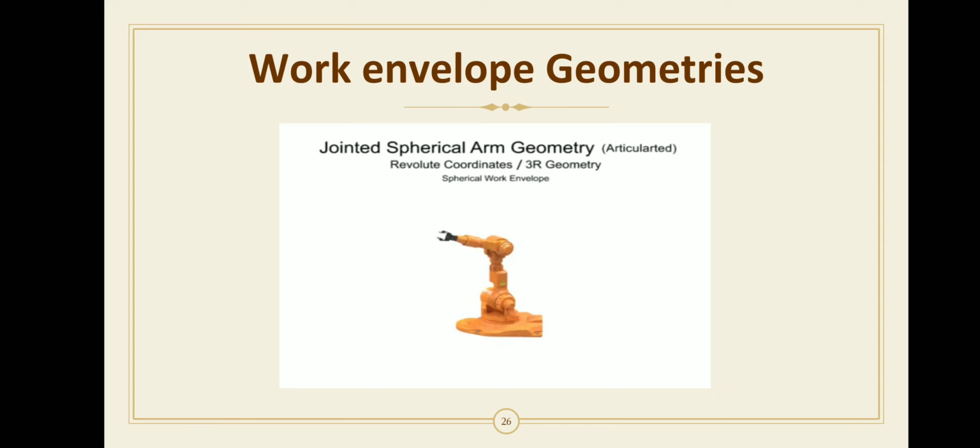So these are the three rotary motions involved in the jointed arm or spherical geometry. So the jointed arm robot is exactly opposite to the Cartesian coordinate robot, because a Cartesian coordinate robot has three prismatic joints rather than three revolute joints.